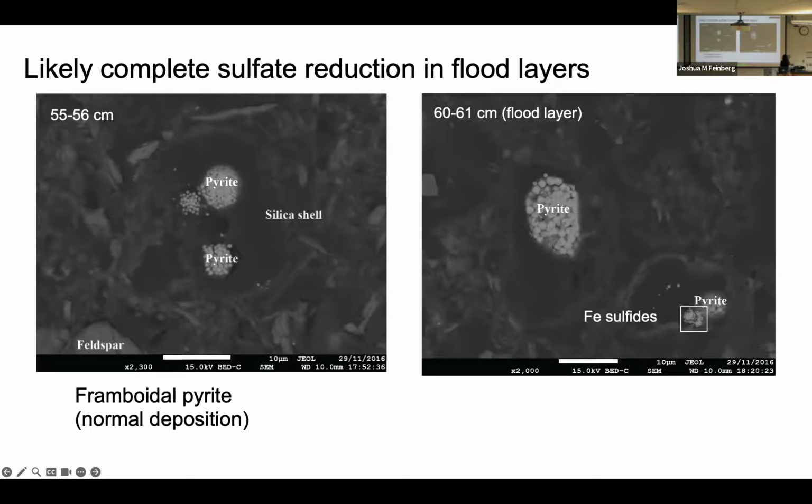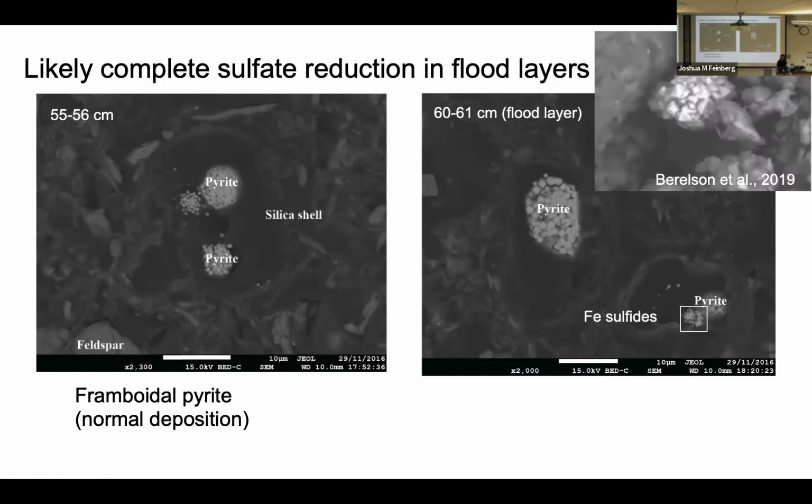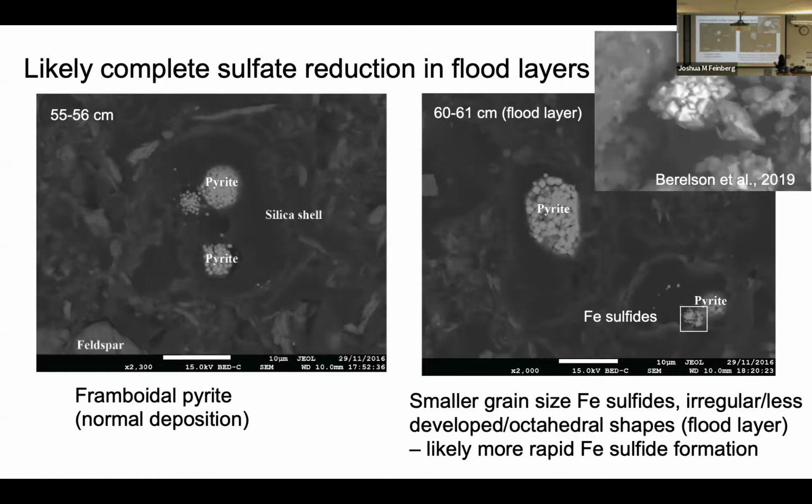So we did EDS on that iron sulfide. We think it's a mixture of greigite, even though we didn't find it in magnetic analyses, or pyrite. People also found some very irregular shapes of pyrite in that layer as well. So when you have very small grain size and some irregular, less well-developed shapes of the pyrite, that means you're going to have very rapid iron sulfide formation, probably within a few months of that deposition.